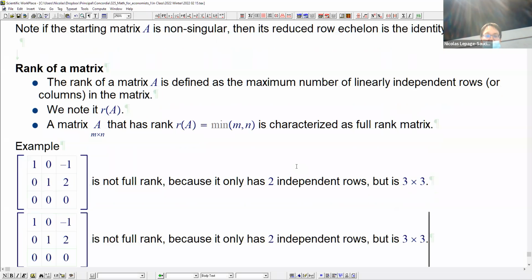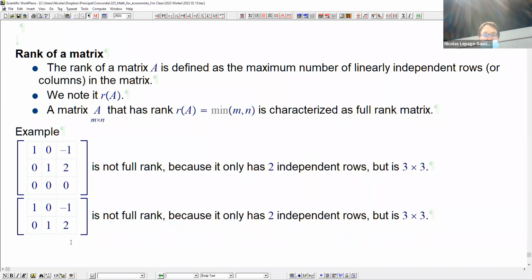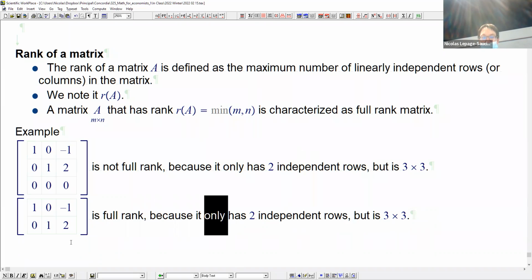But if I say, oh, this is a stupid matrix because it's not full rank, so let me get rid of this useless row there, then this is full rank because it has 2 independent rows.